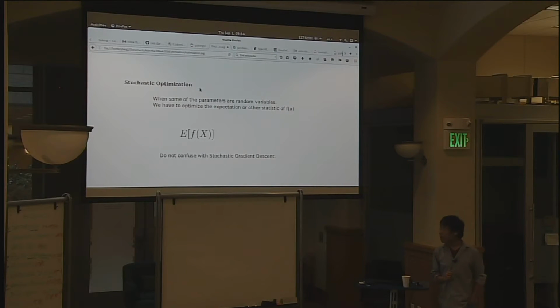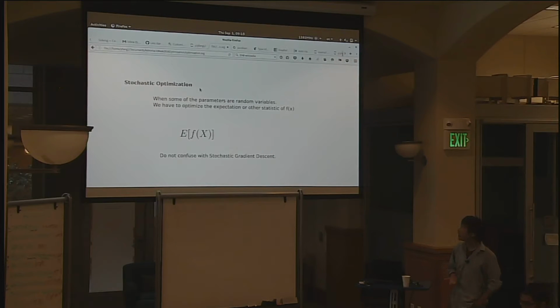The last interesting one I want to talk about is stochastic optimization, where some of the parameters are random variables. This is roughly true. In this sense, we have to optimize the expectation of the objective, because it's essentially a random variable.